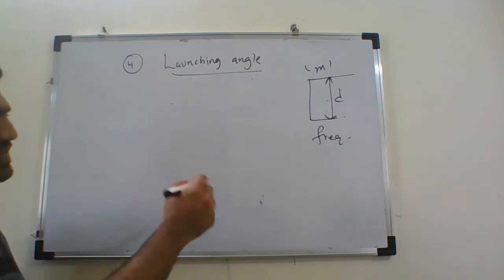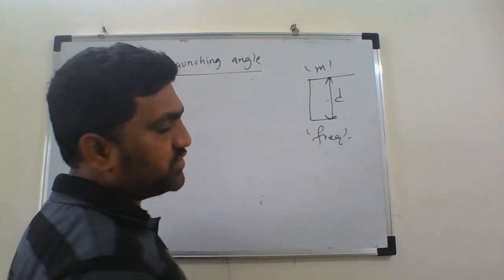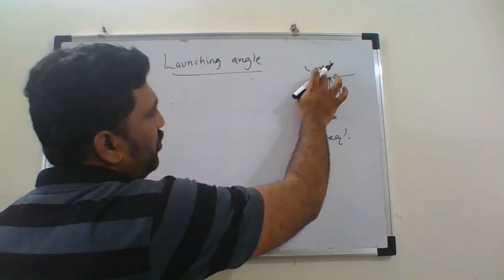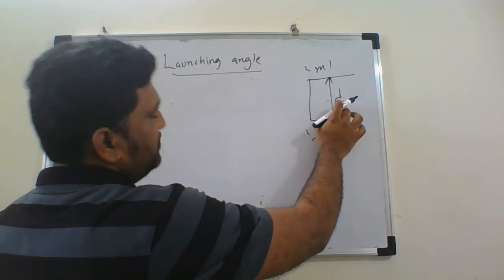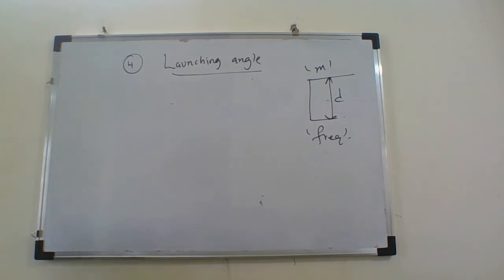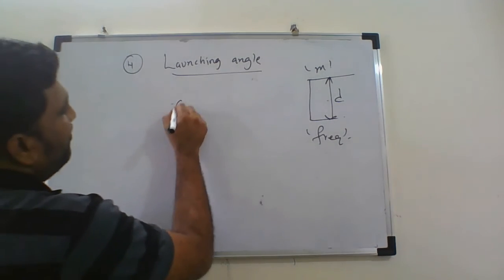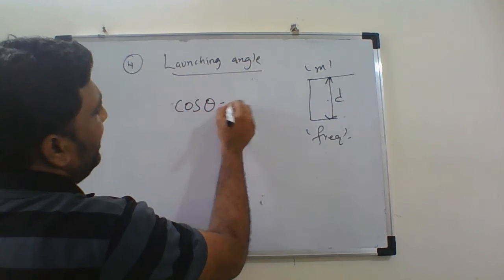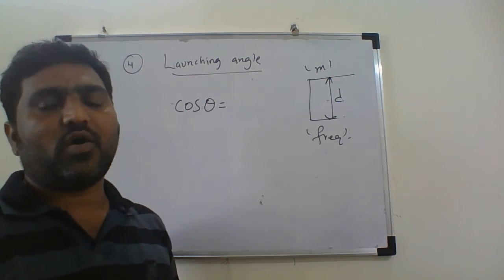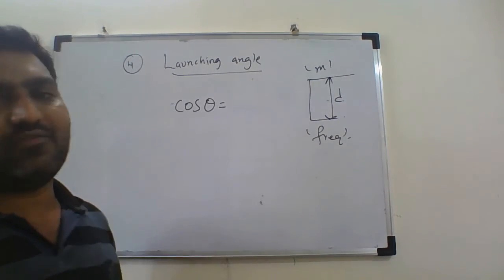So based on this, even if the frequency is not given, for a value of mode to exist inside this waveguide, we have to launch it with some angle. This is called the launching angle. The launching angle for a waveguide, either TE or TM, both of them, is the same.